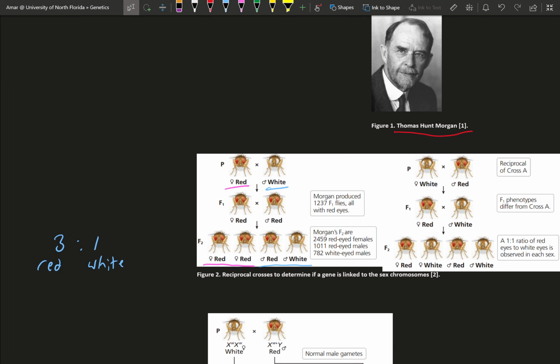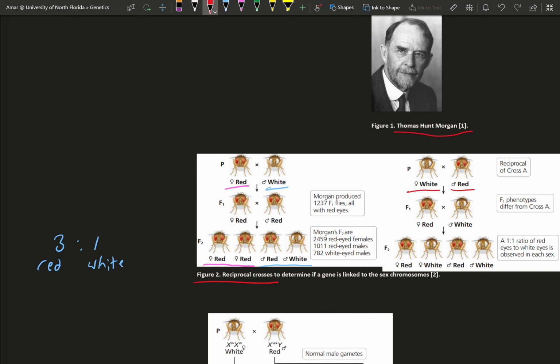And what he did was pretty genius. He used something called a reciprocal cross. A reciprocal cross is basically where you take the exact same two phenotypes that you were crossing before, but you switch the sexes around, where the female now is white, but the male now is red.